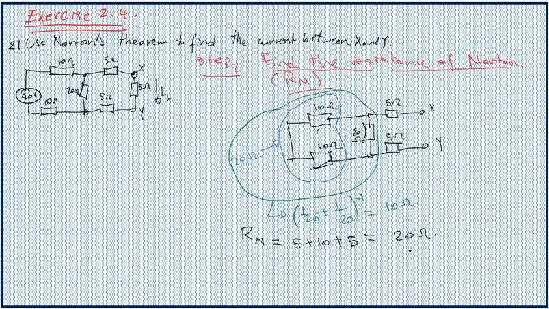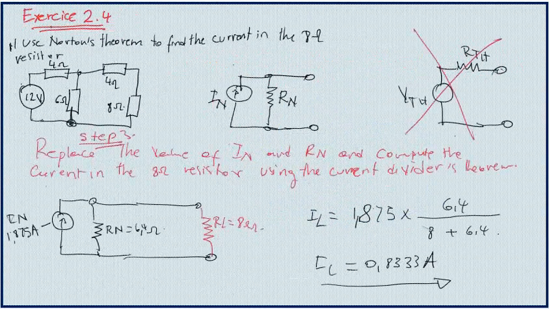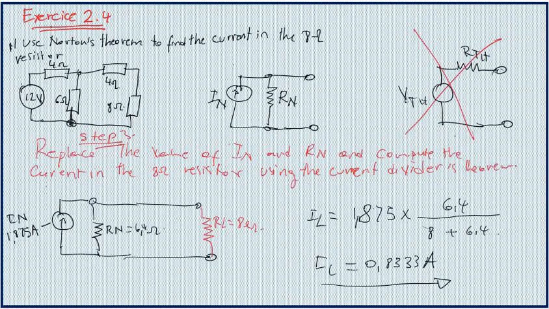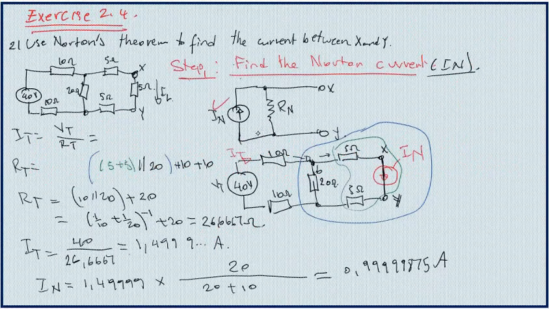Now I have everything that I need. I have the Norton resistance and the Norton current. If I go back to the previous section, I need to simplify this circuit into this one. In other words, I need to find IN and RN, and I have already both values.